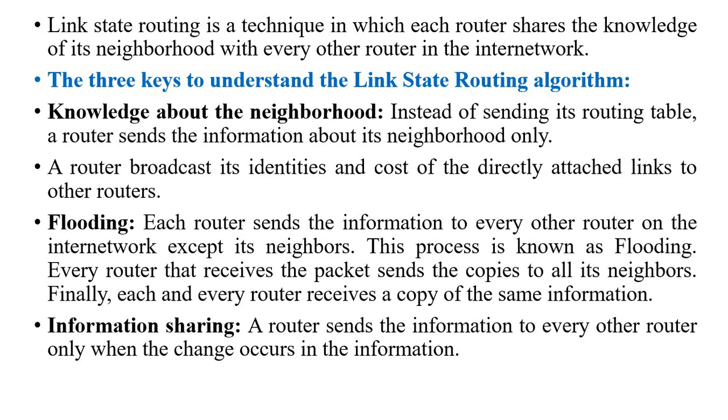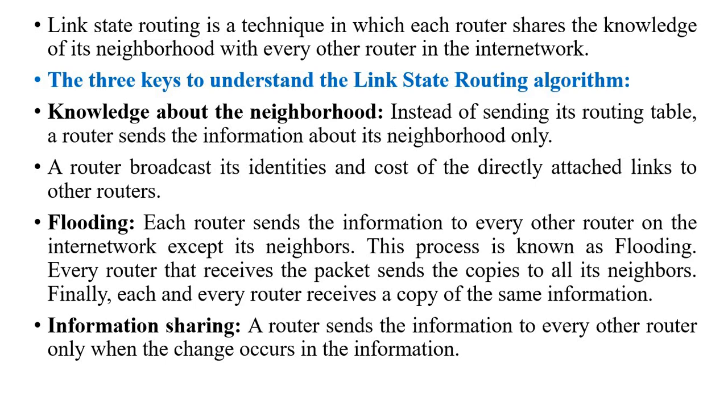There are 3 keys to understand when learning the link state routing method. Knowledge about the neighborhood: instead of sending its routing table, every router will send the information about its neighbors.